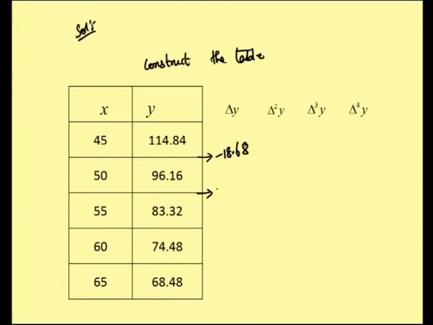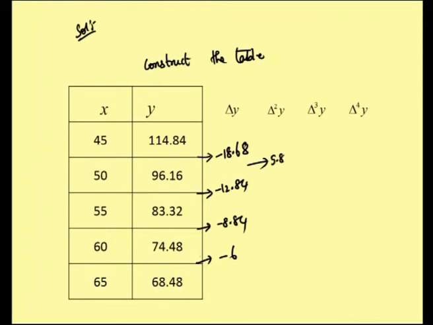The next value is minus 12.84, that is 83.32 minus 96.16. Likewise, minus 8.84 and minus 6. Then del square value is minus 12.84 minus of minus 18.68, and this value is 5.84, 4 and 2.84.